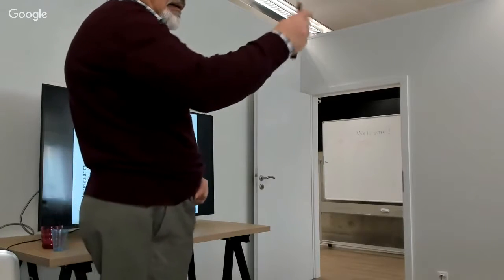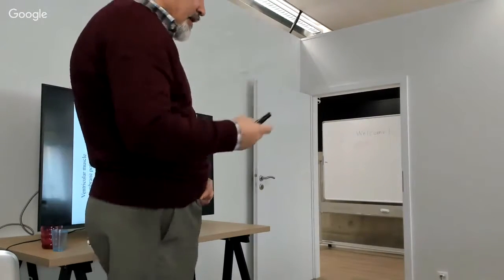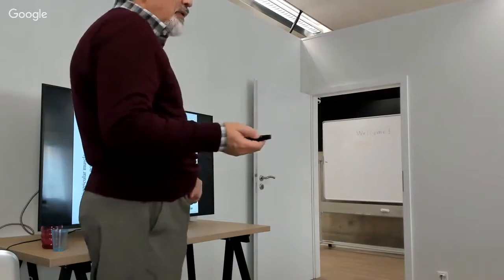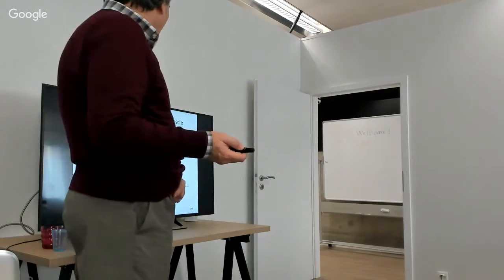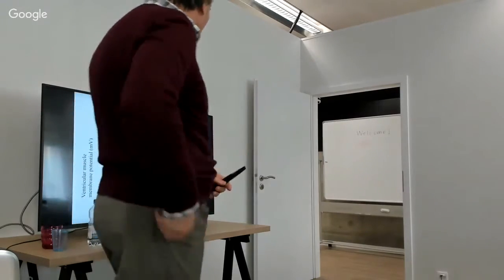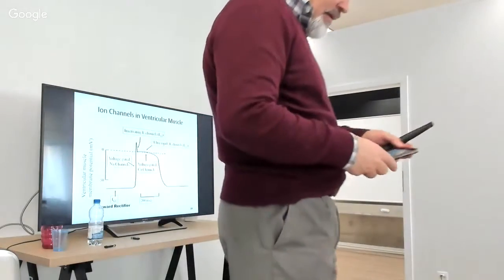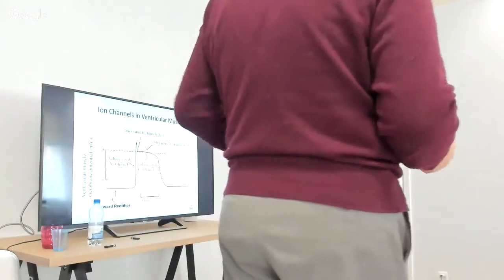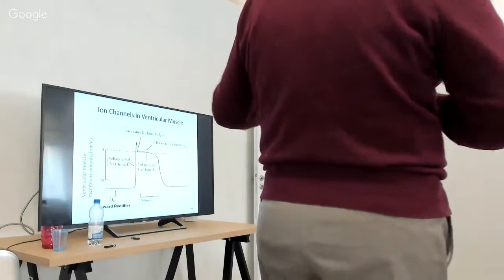I, in Italian, means current, transient outward. Then we have this calcium channels and ultra rapid potassium channel fighting.